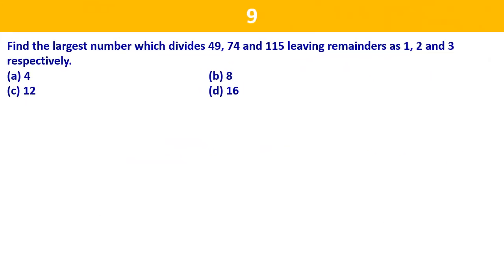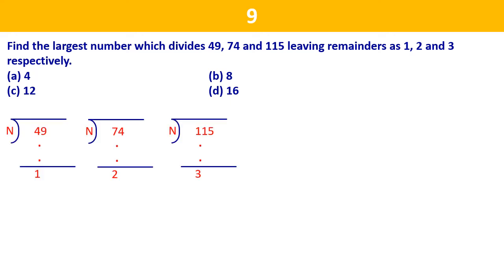Problem 9. Find the largest number which divides 49, 74 and 115, leaving the remainder as 1, 2 and 3 respectively. So as the remainders are different, it is a HCF model 1 question. So when I divide 49 with n, remainder is 1. If I divide 74 with n, remainder is 2. And if I divide 115 with n, the remainder is 3.